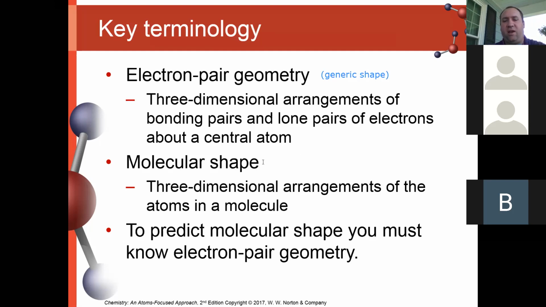Molecular shapes, on the other hand, are specific shapes. And what we mean by specific shapes is, this is the actual way that the atoms arrange themselves. And so in a molecular shape, we ignore the non-bonding electrons in terms of their influence on the shape.